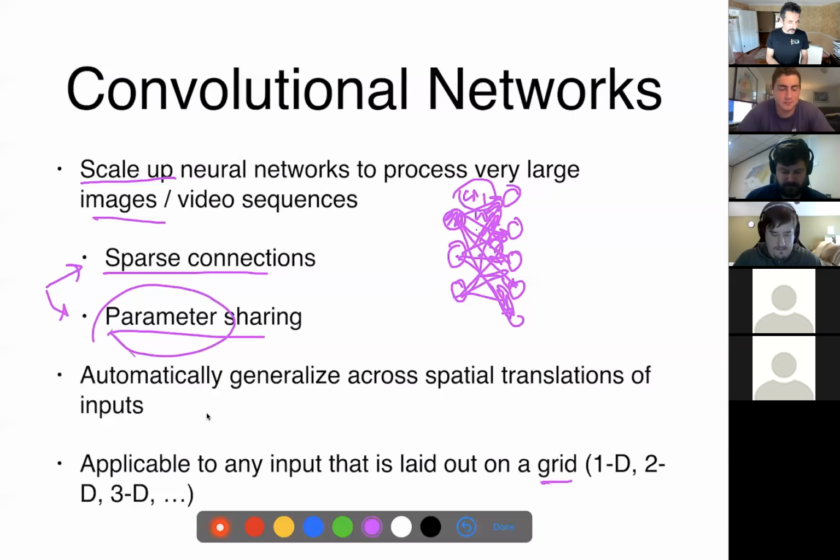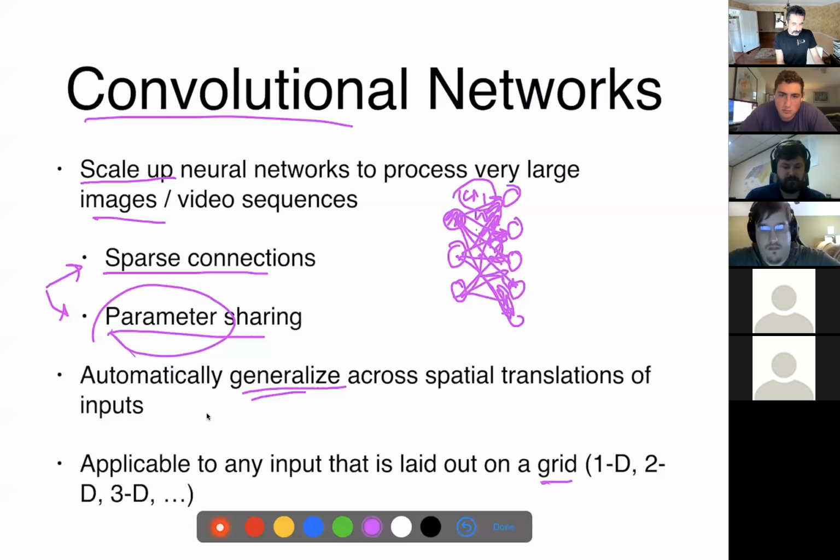And the other important thing about convolutional neural networks, and this is also very, very important, is that they generalize very well. Especially, they have a property where they preserve some invariances.